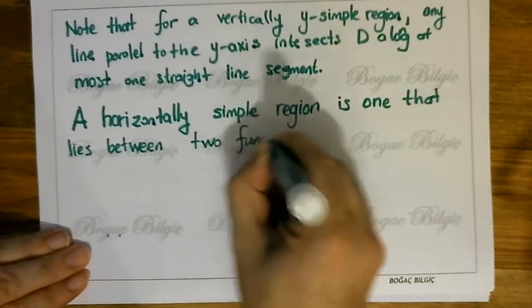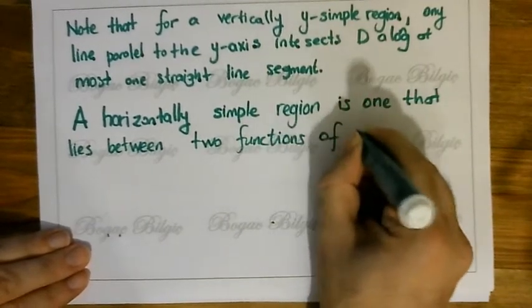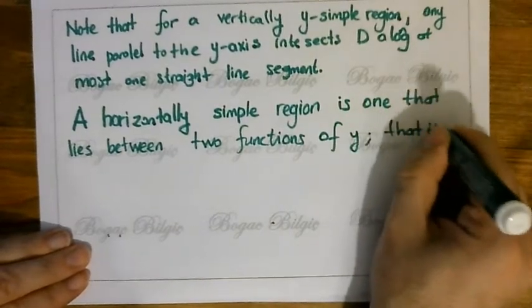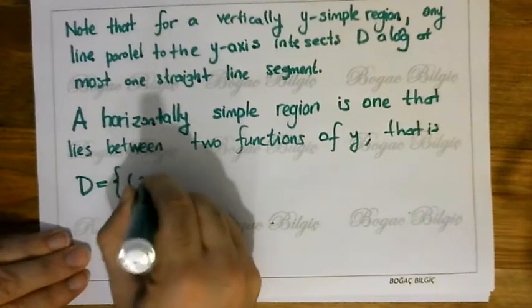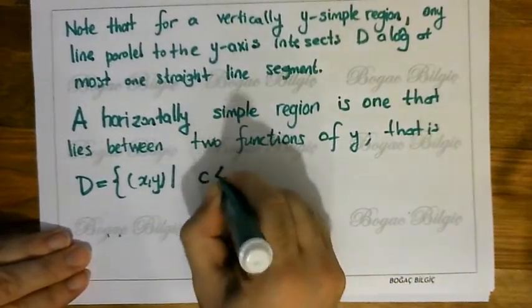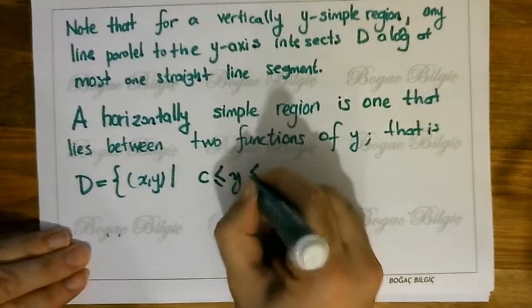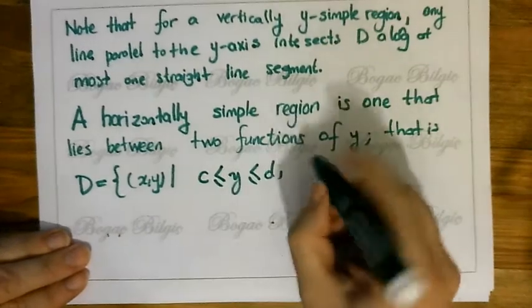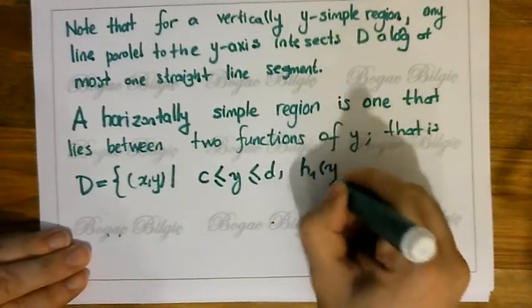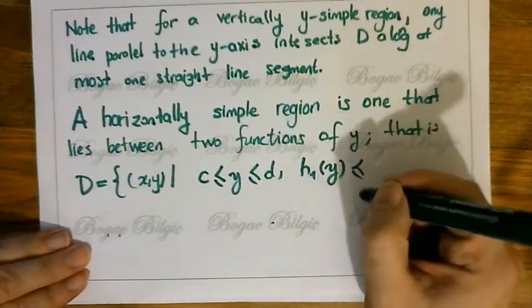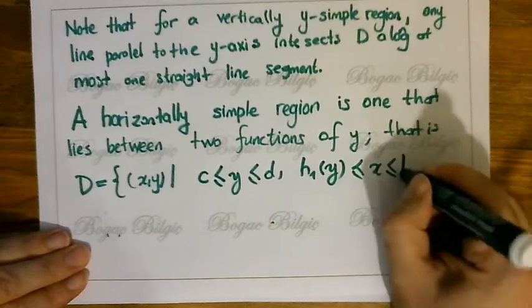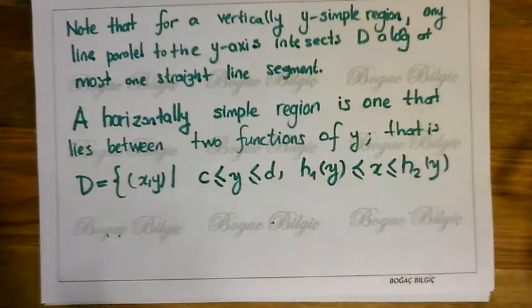That is, D is equal to the set of (x, y) such that c is smaller than or equal to y, which is smaller than or equal to d, and h1(y) is smaller than or equal to x, which is smaller than or equal to h2(y), where h1(y) and h2(y) are continuous on [c, d]. The regions in the following figures are horizontally simple.